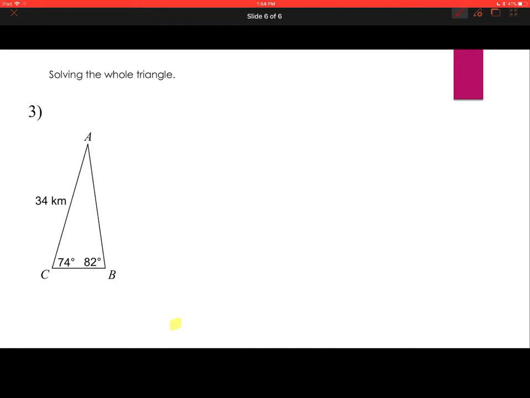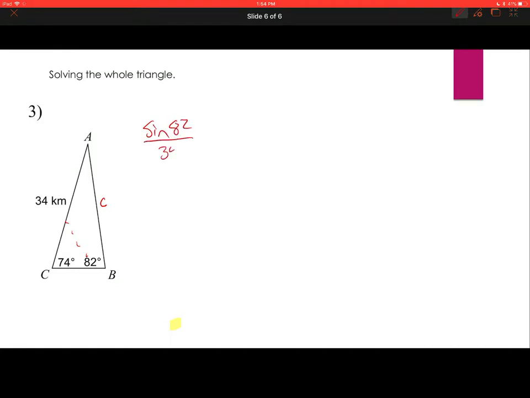You'll have one more type of example that you're going to do, and that is where they ask you to solve the whole triangle. So the process on this, I don't know if I want to work this example or not, but the process is you've got to find one missing piece, then another missing piece, then another missing piece, and go from there.